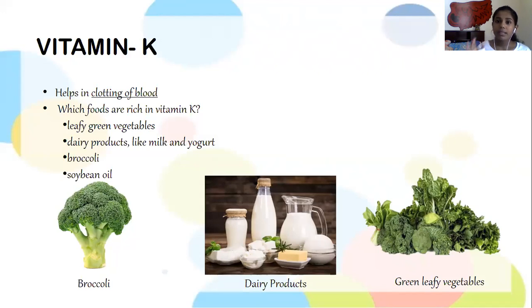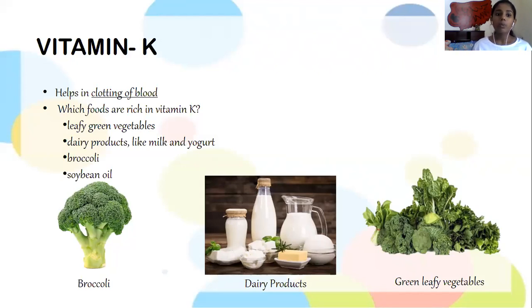Why? Because a group of tissues come together like glue to prevent the blood from bleeding. And what does this vitamin do? It helps in the clotting of blood. So it helps those cells to stick together and prevent the blood from bleeding.